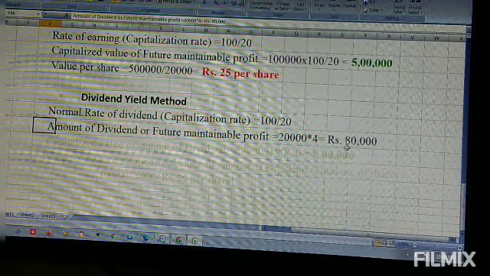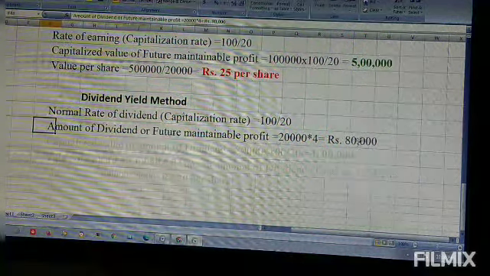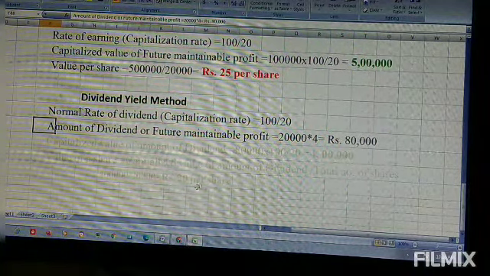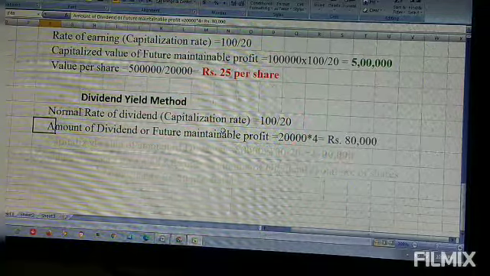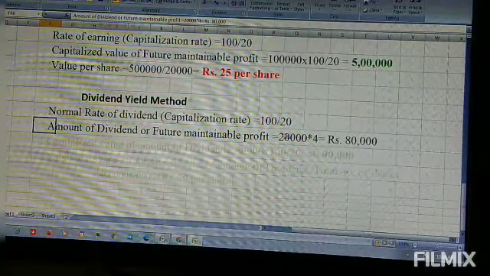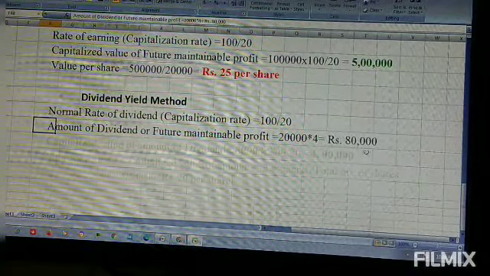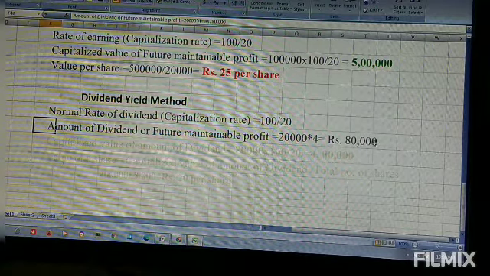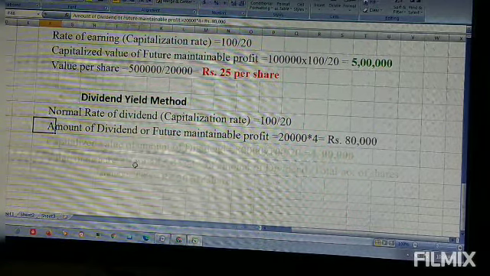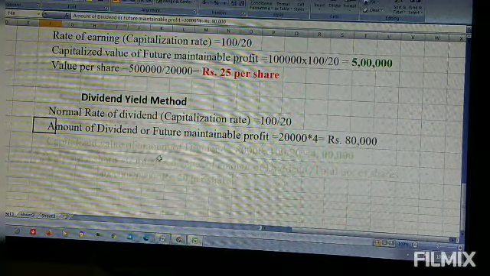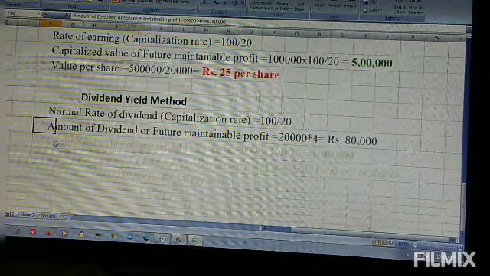Using this 80,000 we have to capitalize, using the normal rate of return. Dividend we have taken to find the total amount declared as dividend. Then we take the normal rate of return to capitalize that.